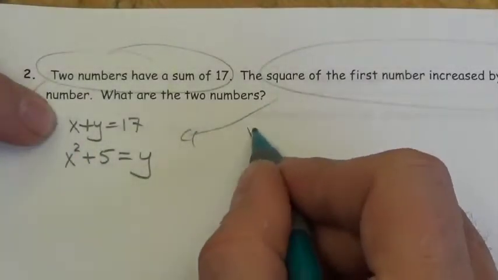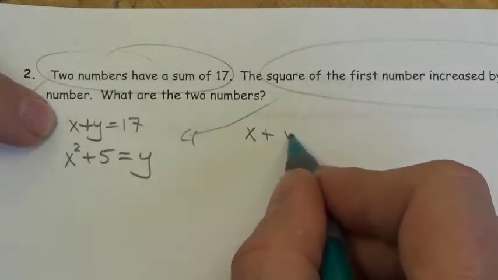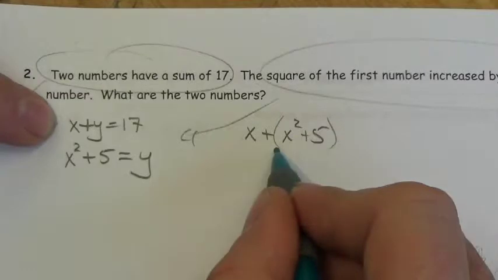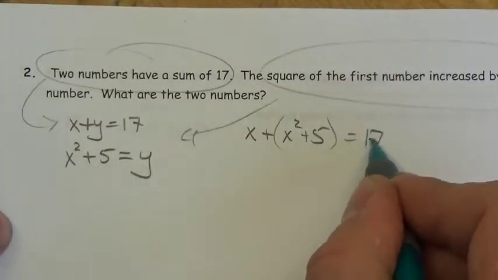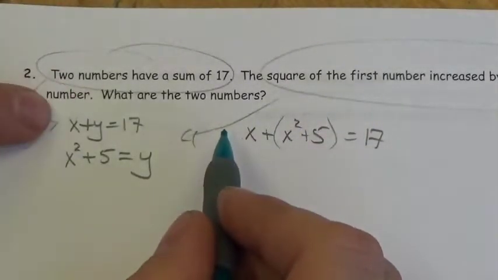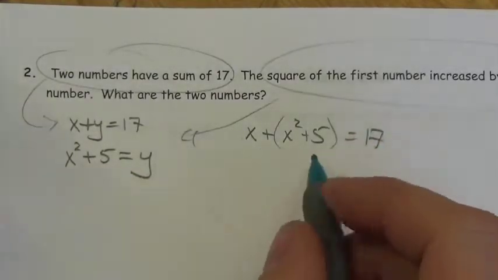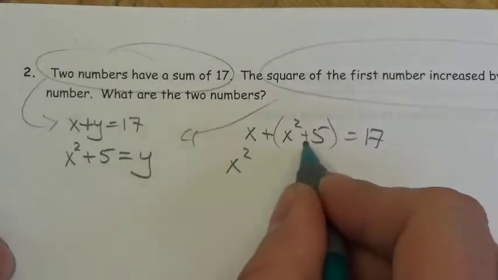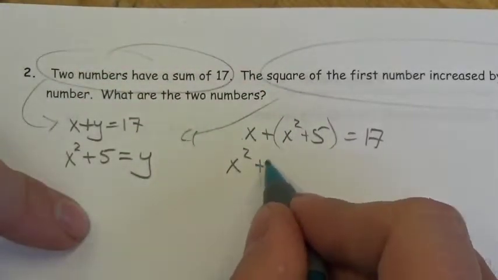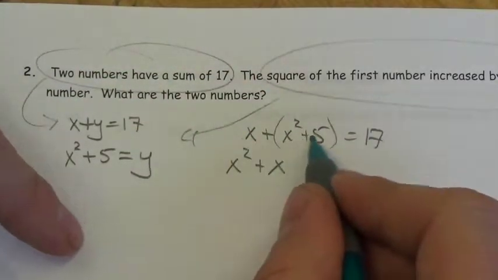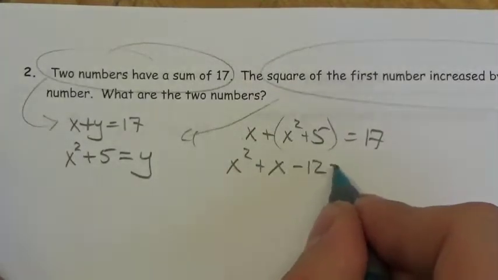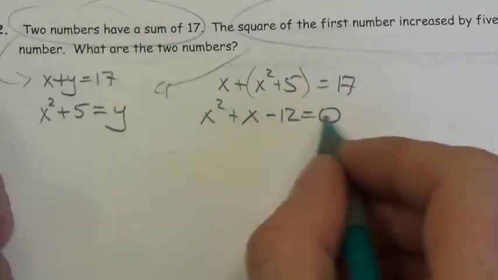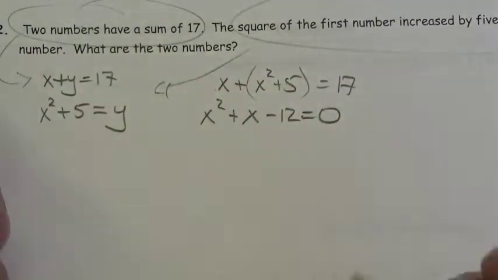So if I plug that into my first equation, there's my y. x plus y equals 17. This is equation 1, the first one. I've just plugged the second equation into it. Now I'm going to drop the parentheses. I'm going to reorder that a little bit because I prefer to have the x squared first, plus x, and then I'm going to bring the 17 over, just so that it's equal to 0, because with a quadratic I need it to be equal to 0 to solve it.